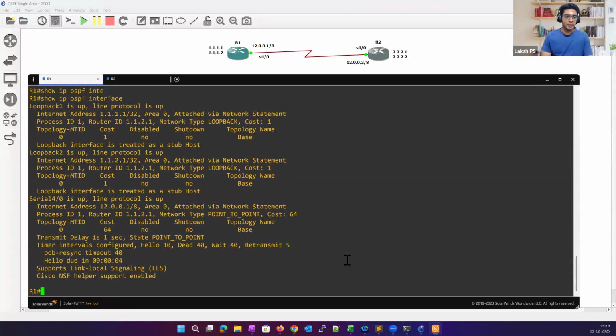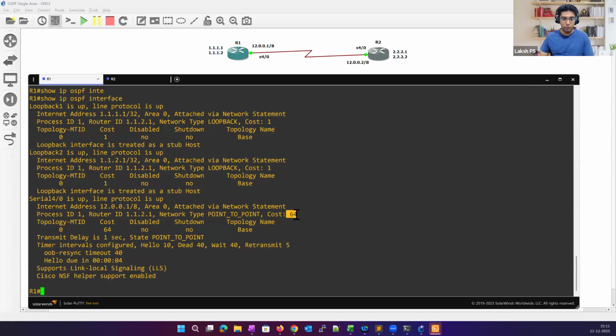Here we can see OSPF has been enabled on three interfaces: one is the loopback address 1.1.1.1, the other is the loopback address 1.1.2.1, and then the serial interface 4/0. For the serial interface 4/0, you can see that the network type is point to point, and the OSPF cost is 64.